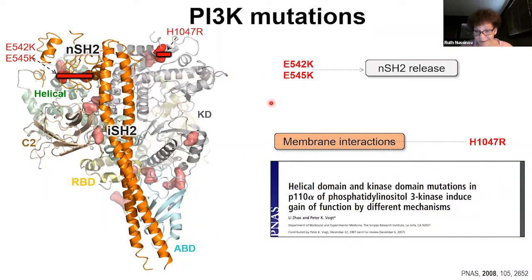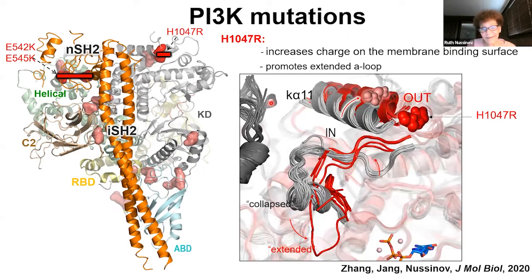We then look at the literature, and we see that indeed Peter Vogt, already quite a number of years ago in 2007, suggested that the helical domain and kinase domain mutations induce gain of function by different mechanisms, which is exactly what we observe. And here we look exactly how.